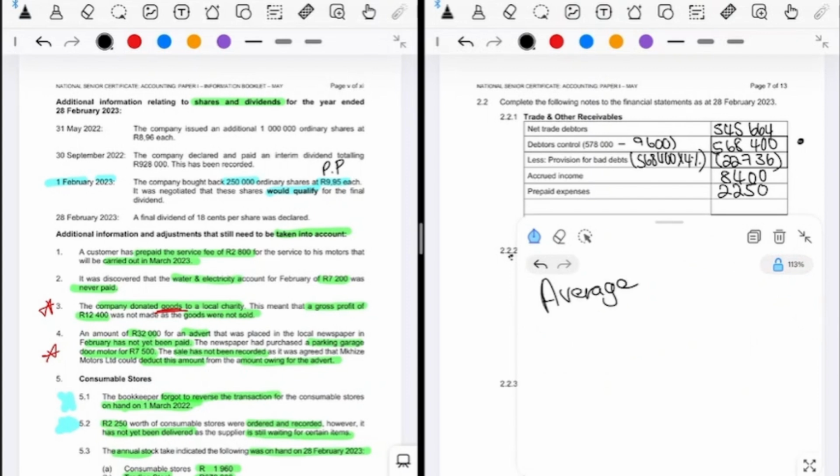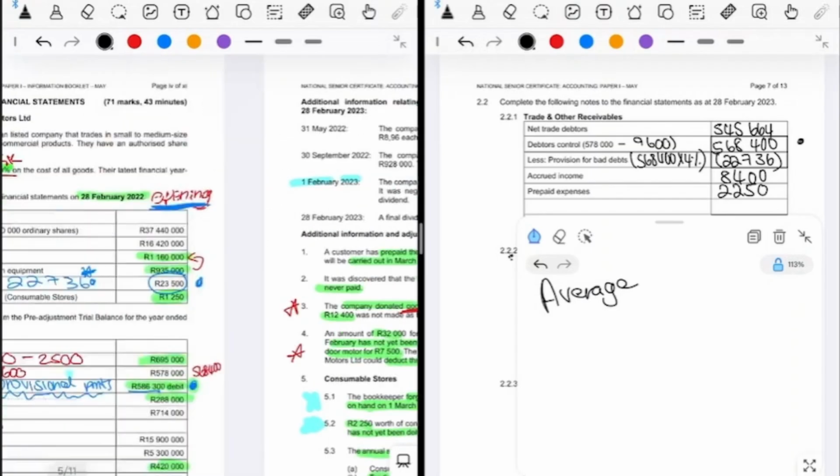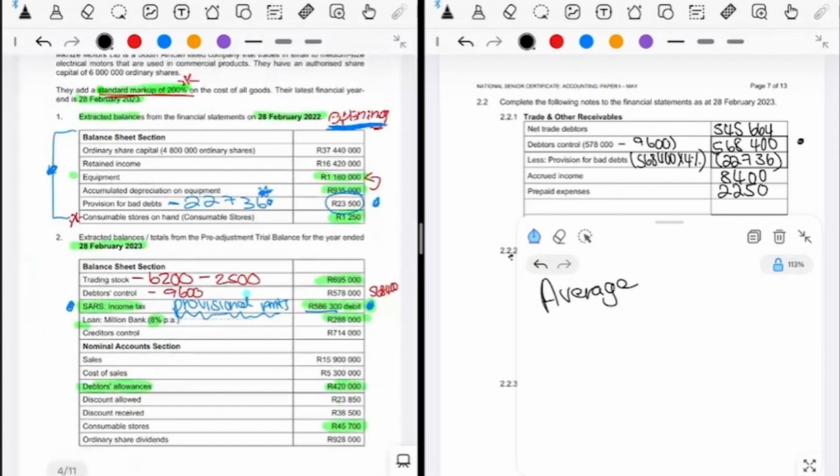So how to get the average? Average is the total value of shares in issue before your repurchase divided by the number of shares. So as you can see, we started off at the beginning of the year with ordinary share capital of 37,440,000, and that was equal to 4,800,000 shares.